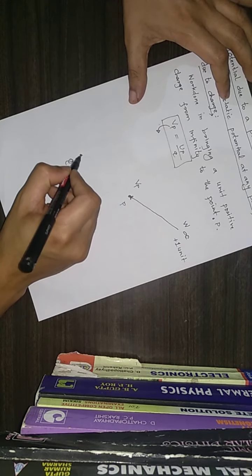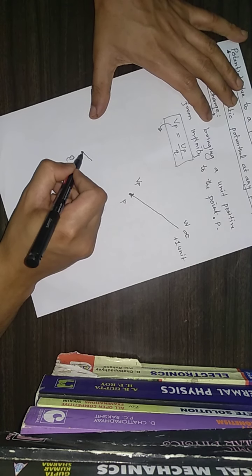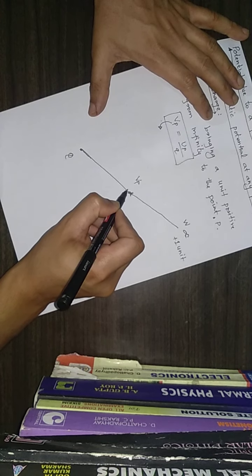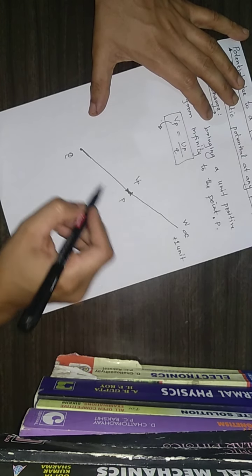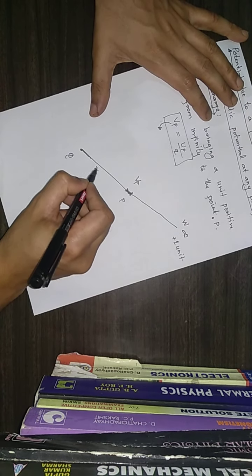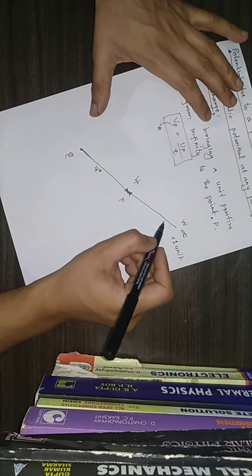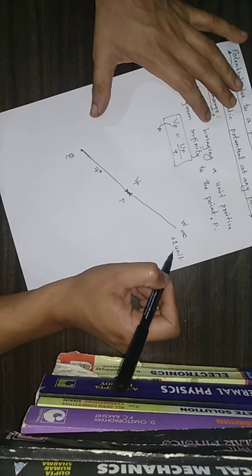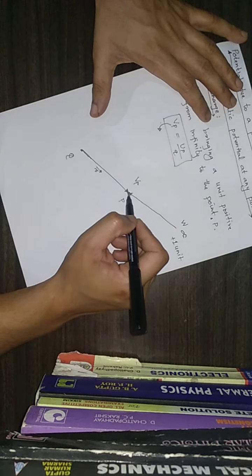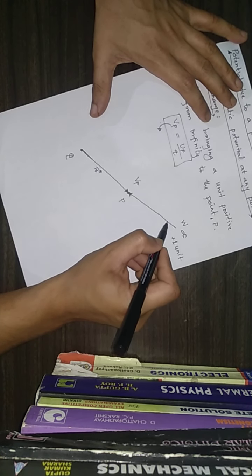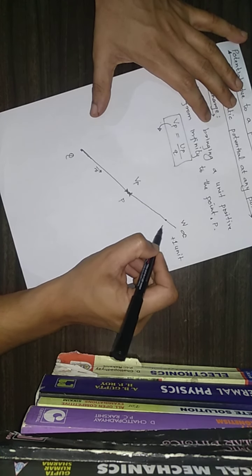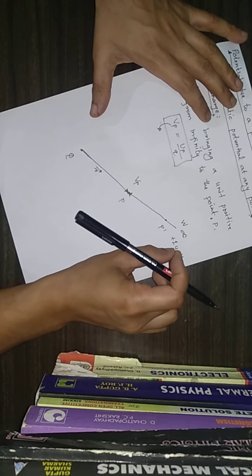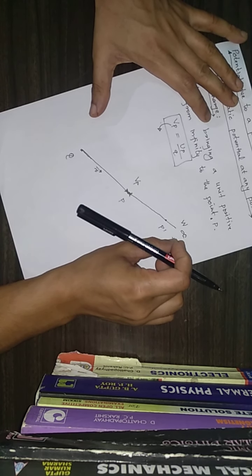So for that, let the distance of point P from the charge be r vector, and while bringing the unit positive charge from infinity to the point P, let us consider an intermediate point P dash. That means we have brought this one unit positive charge slowly from infinity.